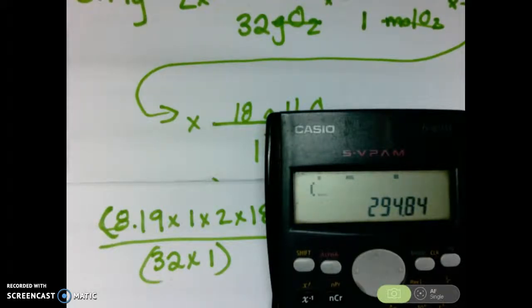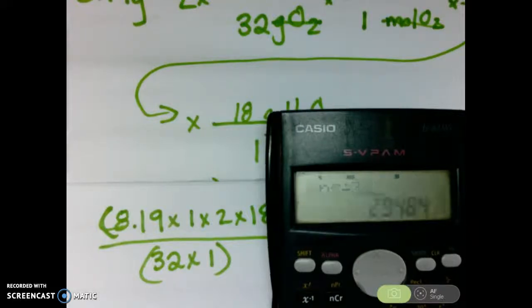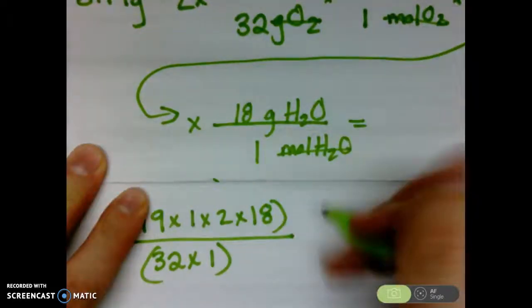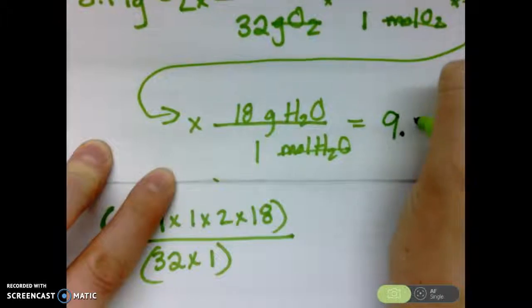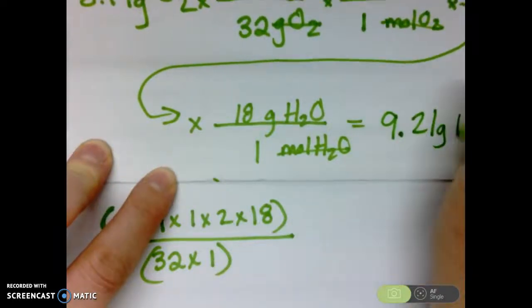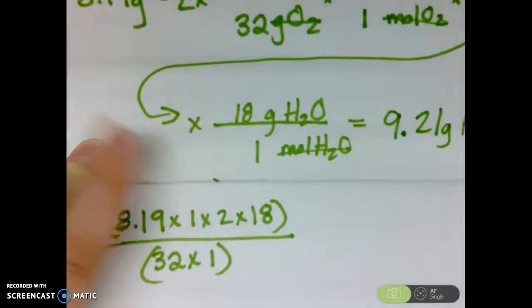I put the ones at the bottom under parentheses, okay, which in this case would just be 32. Divide that by 32. And the answer is 9.21 grams, okay? So we have 9.21 grams of water.